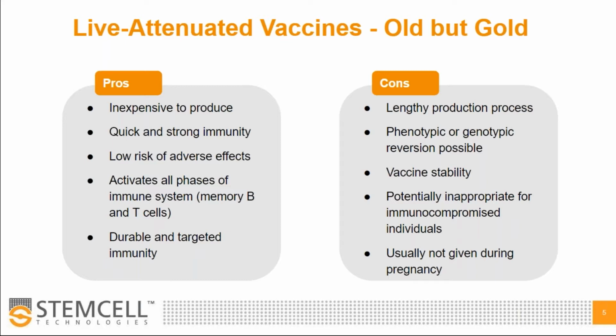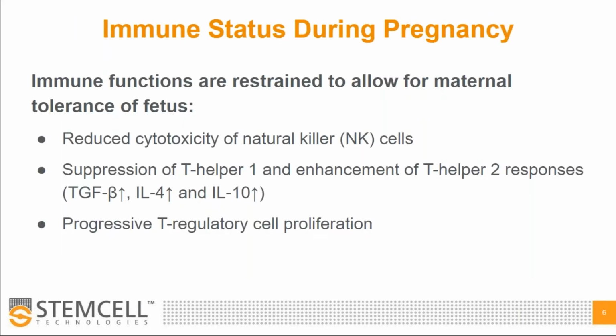As it is a live vaccine, there are some issues with vaccine stability as there is some temperature sensitivity, and they can be potentially inappropriate for immunocompromised individuals, as these individuals cannot necessarily mount a protective immune response with the same efficiency. And also importantly, live-attenuated vaccines are usually not given during pregnancy, and this is because of the altered immune status during pregnancy, which I will go into a little bit more detail in this next slide.